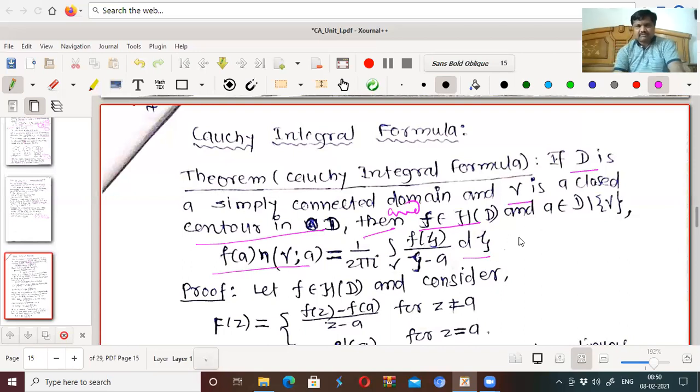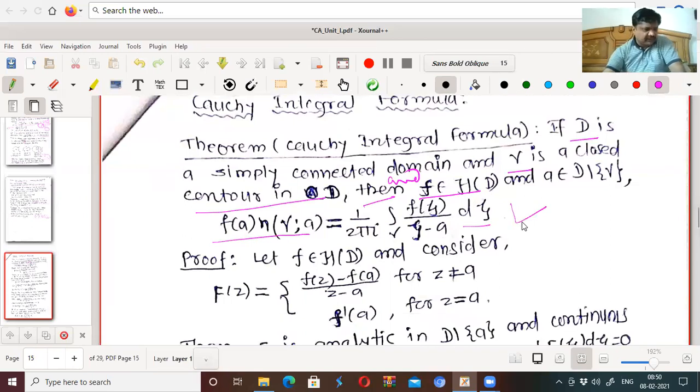This is called Cauchy's integral formula. It is very important because using this formula we can find a number of complex line integrals.